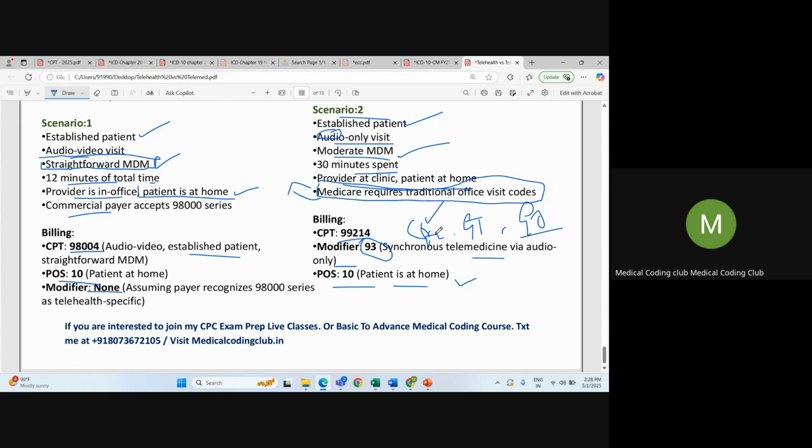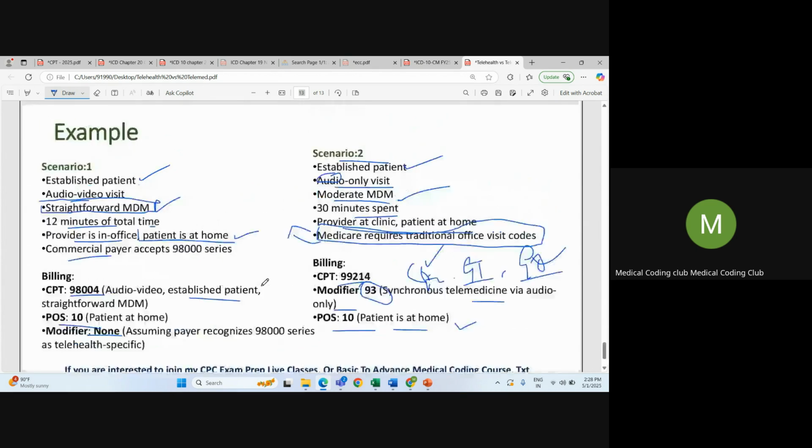But it is only for certain jurisdictions like Hawaii and Alaska, they'll take GQ, and GT and GO also have some coding guidelines. Okay, so GT is for interactive audio and video telecommunication system, and GO is telehealth service for diagnosis, evaluation, and treatment. Okay, so this is payer specific coding guidelines. So that and all, no need for this session.